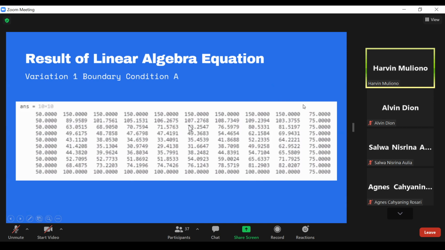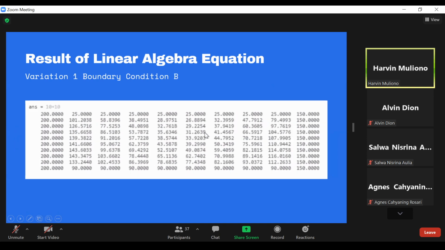The temperature increases from bottom to upper side, and decreases from the right side to the left side. The lowest temperature, in the middle of the plate, is 29.4138 degrees Celsius. Okay, next.